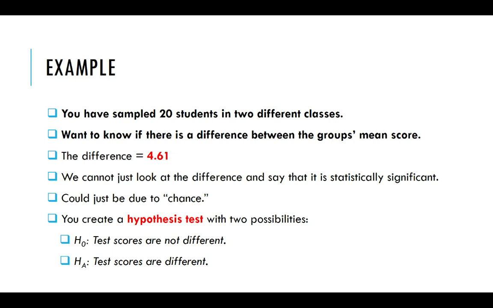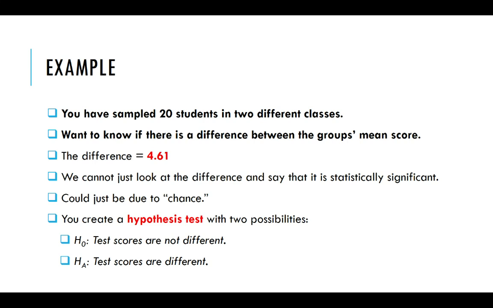And we're going to cover this more. This is just an example of kind of where we're going. So we create a hypothesis test with 2 possibilities. H sub 0, we call that the null hypothesis. And the null hypothesis is that test scores are not different. Now, normally, our null hypothesis is the thing that we want to reject.